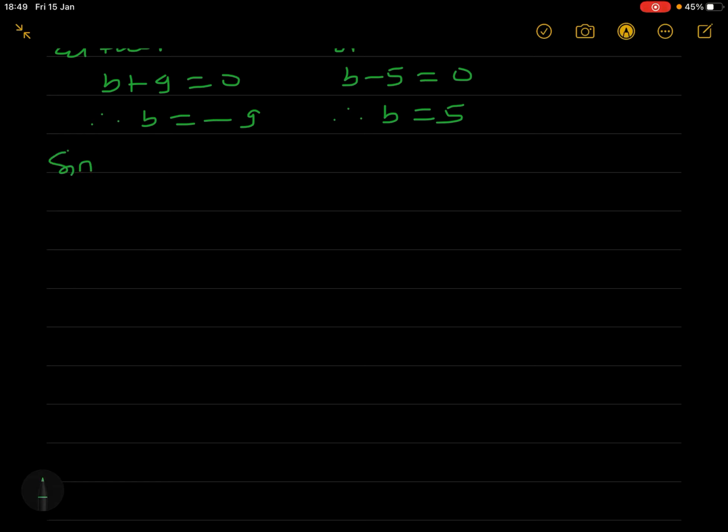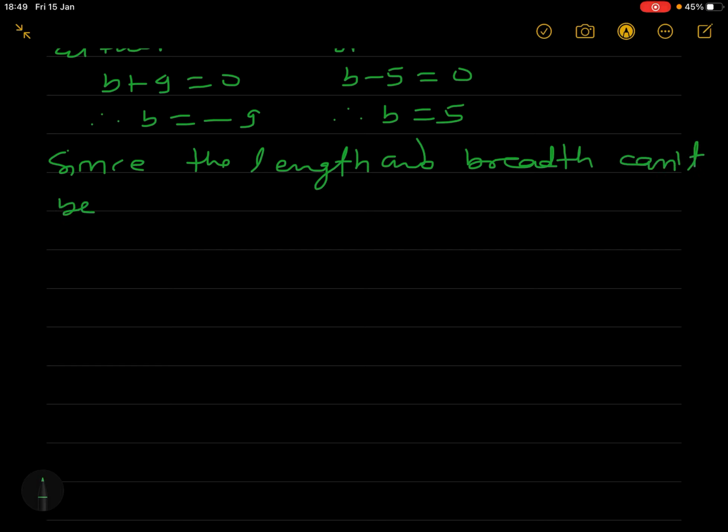So we can write here, since the length and breadth can't be negative, B is equal to minus 9 is rejected.